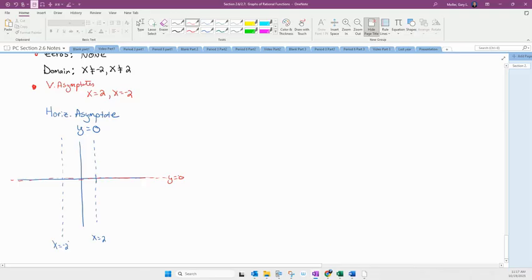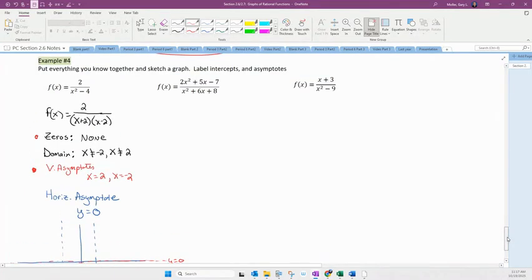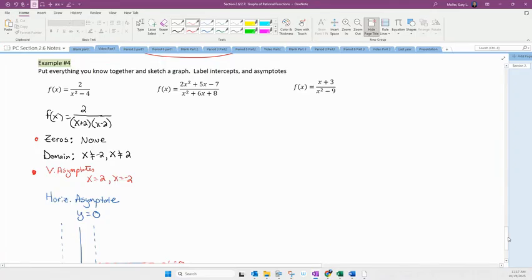I have no zeros, so I have really no points to put on this graph, other than the last easy point to find, which I did not do: the y-intercept. So let's squeeze in the y-intercept, and that's when x equals 0. When x equals 0, I get 2 over -4, which is -1/2. So I've got the point (0, -1/2).